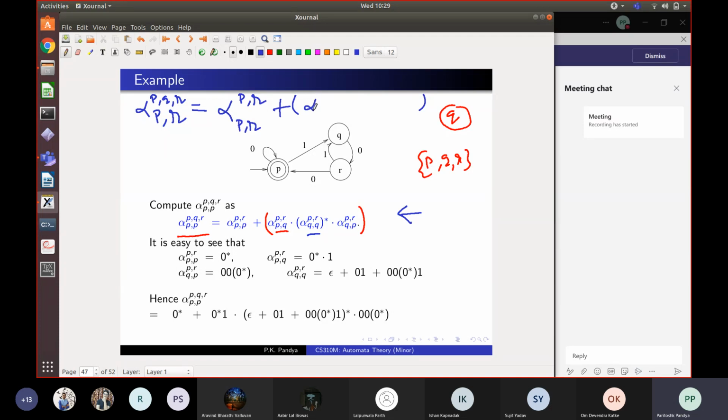The first part will be alpha PQ going through PR, followed by alpha QQ going through PR, which I can repeat any number of times, followed by alpha QR going through PR. Is this clear to you? Why we got this?